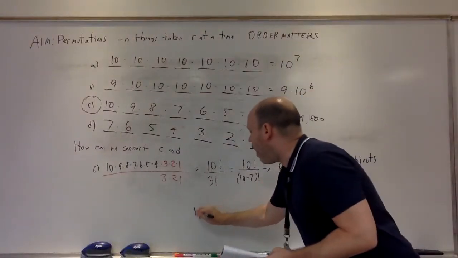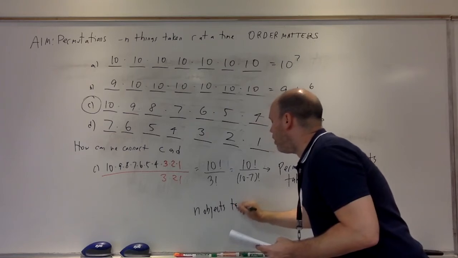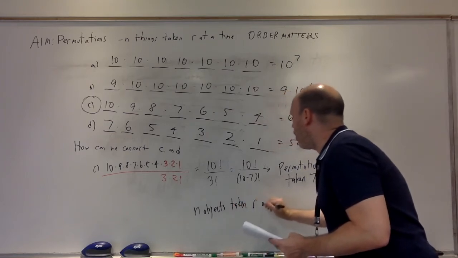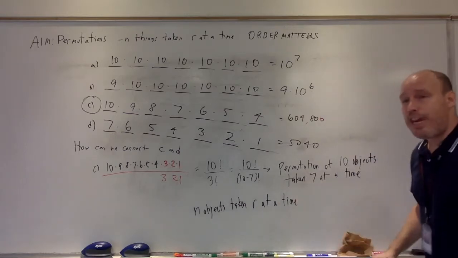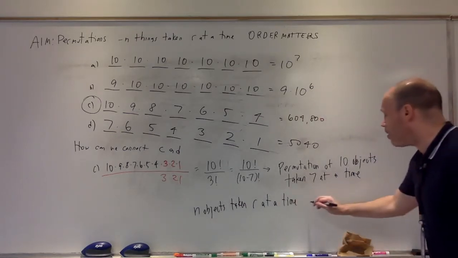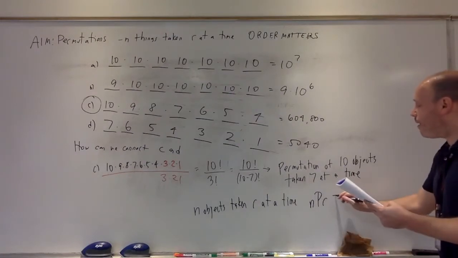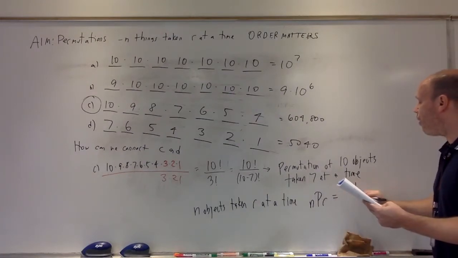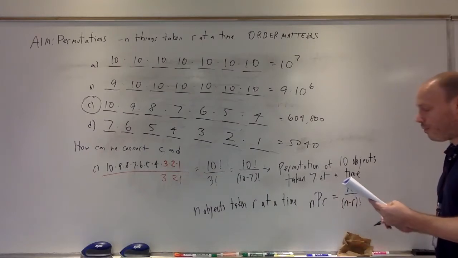So if we have n objects taken r at a time, the notation is nPr, and we say that's equal to n factorial over n minus r factorial.